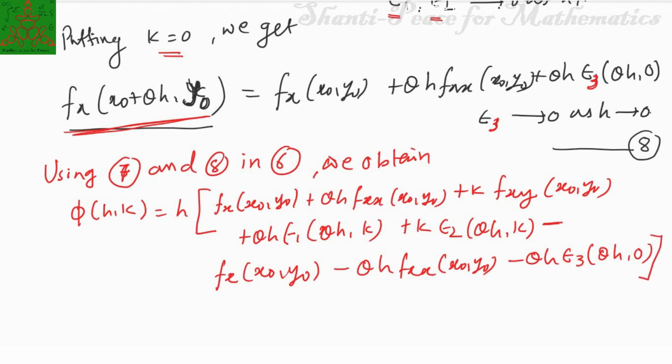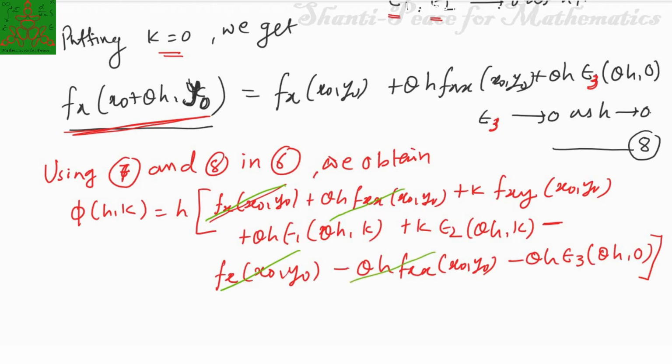Bracket is over. Now you just observe that this fx at x0 y0 is cancelled out. Theta h fxx at x0 y0, that is also cancelled out.